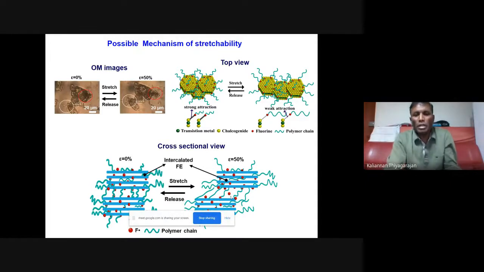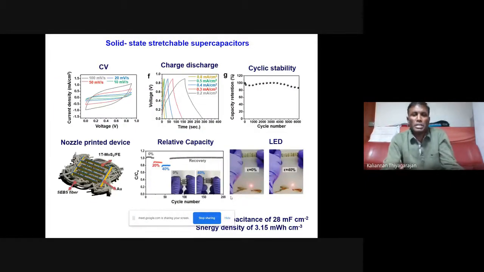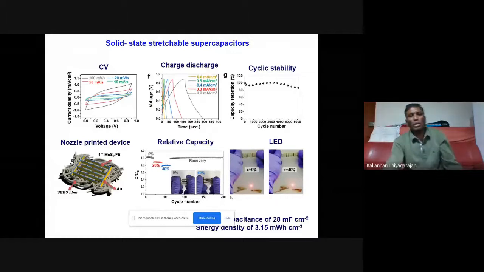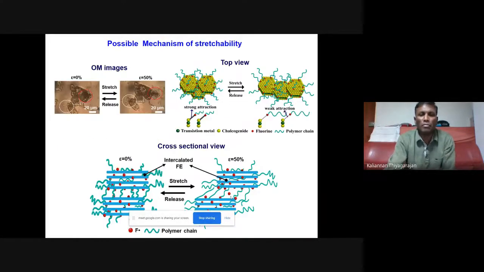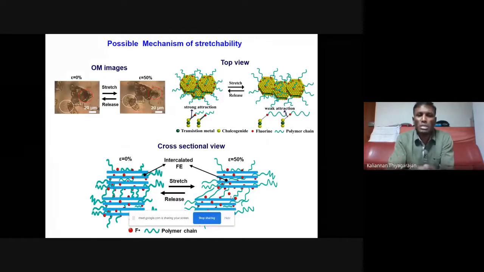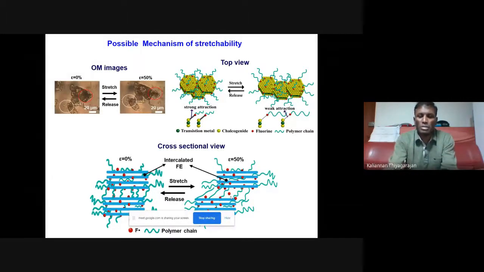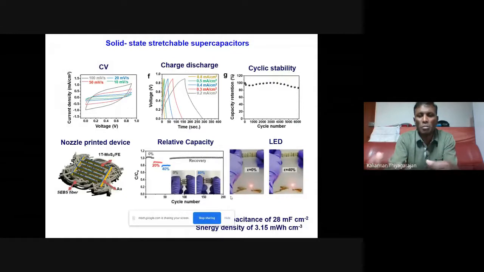So I want to use this for my stretchable applications, because up to this point I found that this material is possible to utilize for some application. Until now we only studied the characterization part. So I want to utilize this stretchability of the material in a real device application.